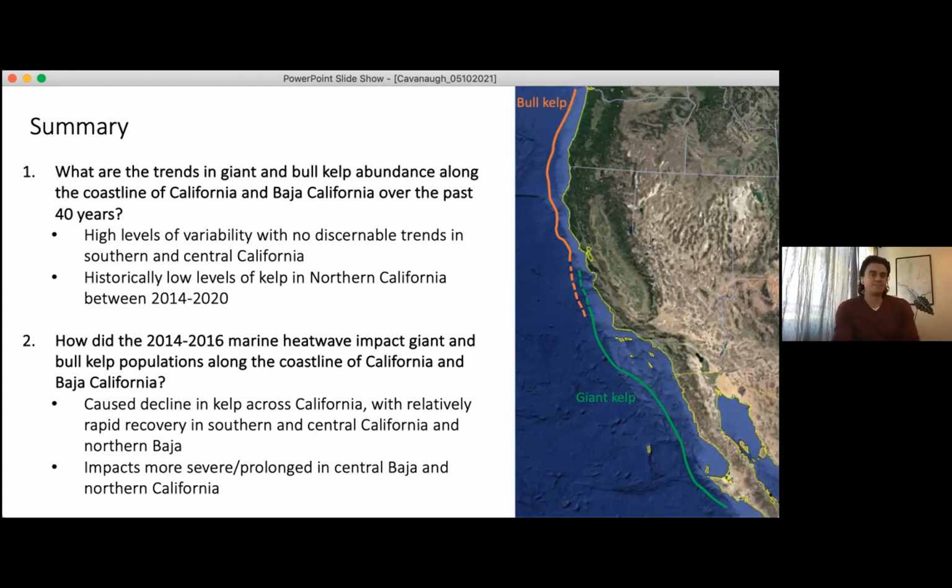switching states. And then focusing in on that 2014-2016 heat wave, the areas most impacted were the southern range limit of giant kelp in central Baja, and then this section of Northern California. And we're working to try to better understand the drivers, why those areas were so hard hit.